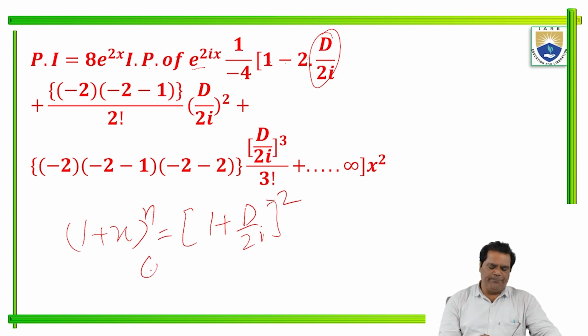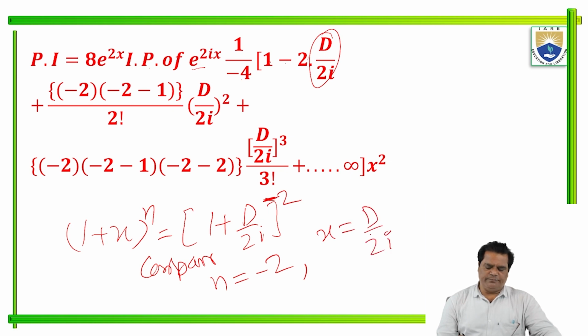Comparing, n is minus 2 and x is d upon 2i.